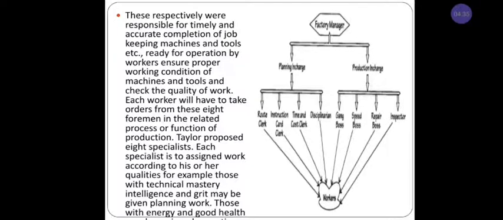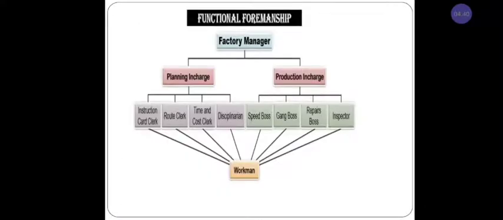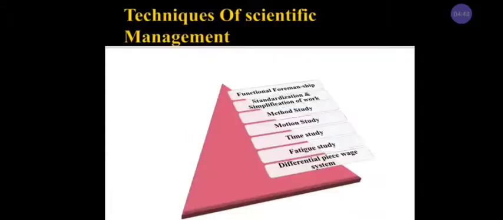This is all about functional foremanship propounded by F.W. Taylor. Next we are going to learn the next techniques: method study, motion study, time study, fatigue study and differential piece-rate system.